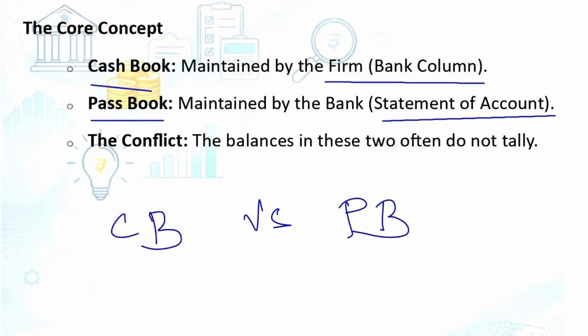This cash book and passbook both should be identical, and the cash book is the mirror image of the passbook and the passbook is the mirror image of the cash book as per theory, but in reality they rarely match on any given date.